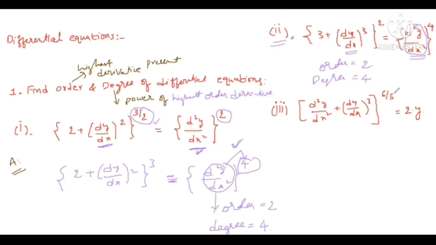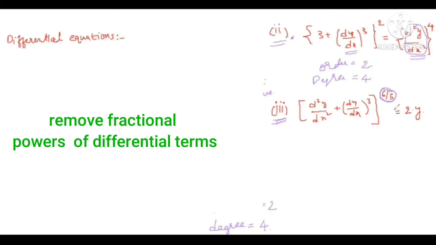See here also a fractional term is there. In the third problem, here we have 6/5 as a fraction, and we have to remove this. So how to remove that? (d²y/dx² + (dy/dx)³)^(6/5) = 2y.